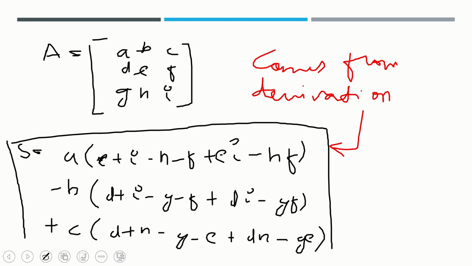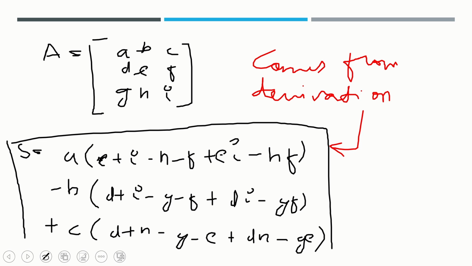And if you add n number of elements in the matrix A to each element, this S value will remain the same. I will tell you later.